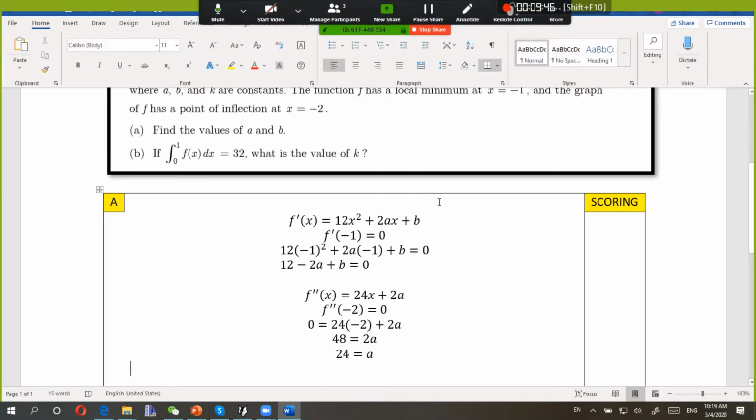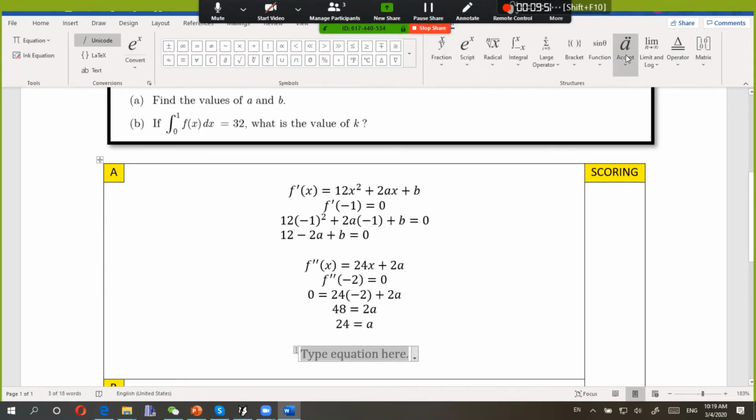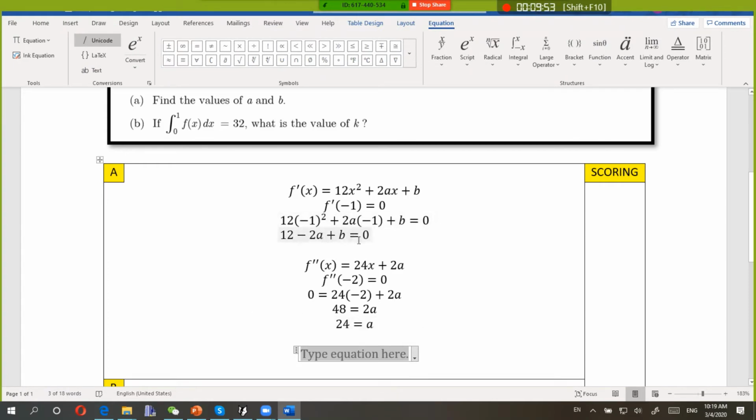Okay, and then Junho, I'm going to jump over to you. So we can use your first section. If a is 24, I should be able to plug that in here and solve for b.